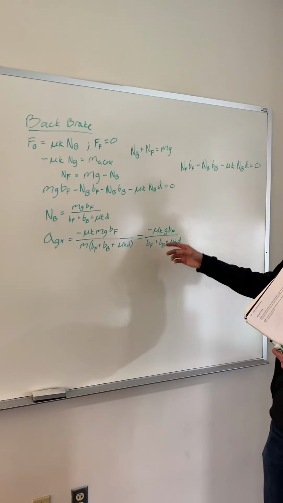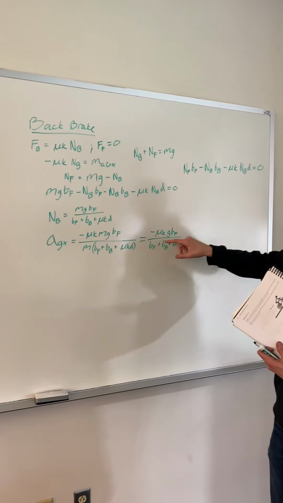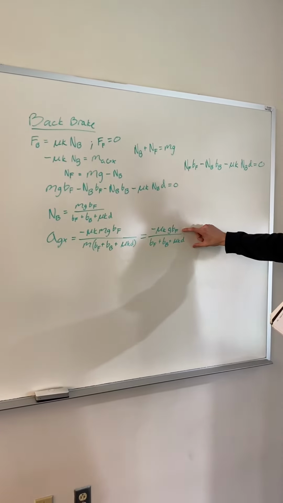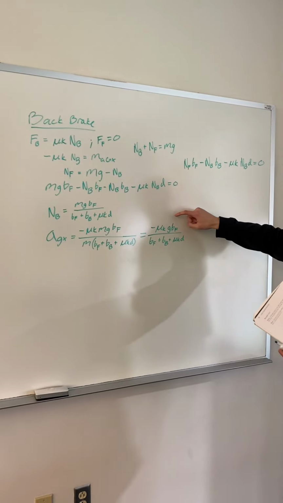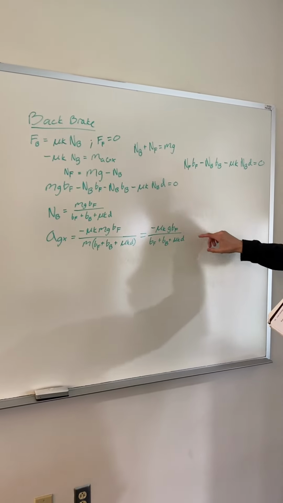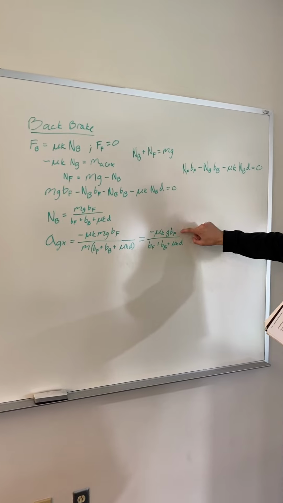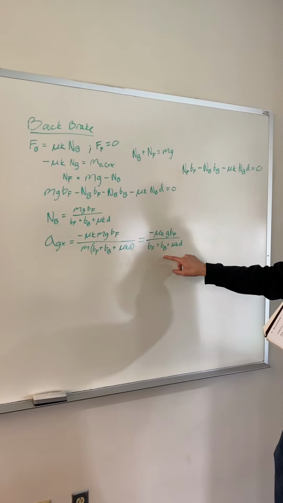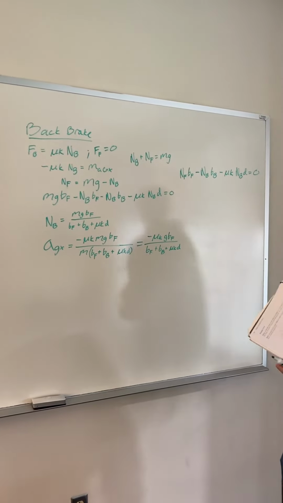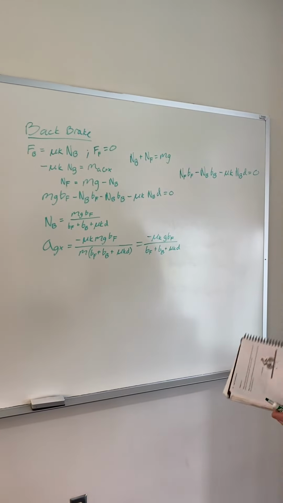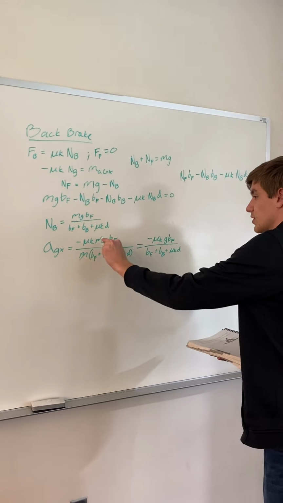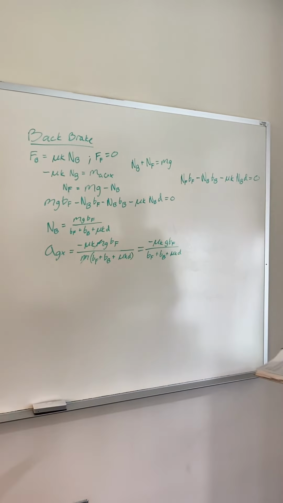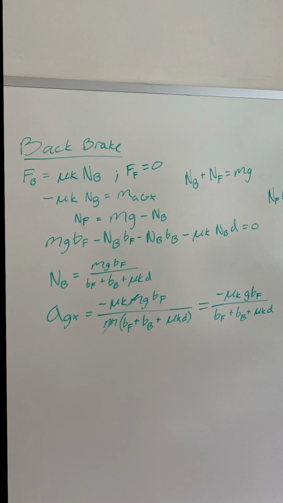Simplifying this, we're going to get our acceleration in the X direction using our back brake is negative mu k times G times front brake distance divided by our front brake distance plus our back brake distance plus mu k D, because here our m's would cancel out.